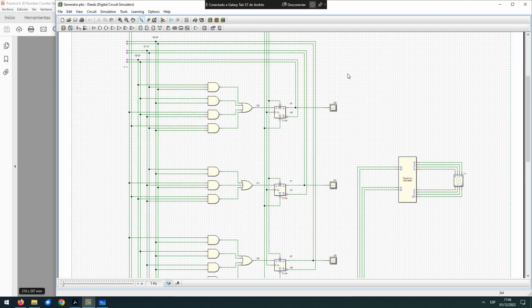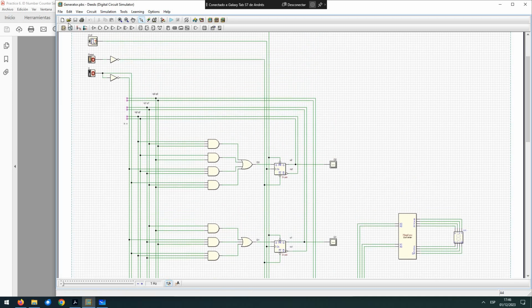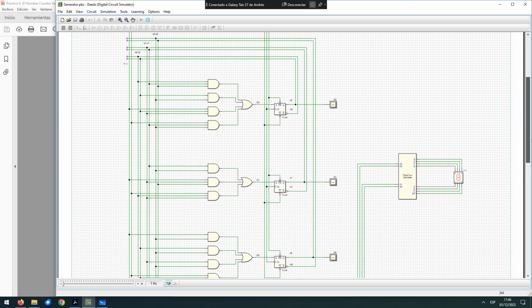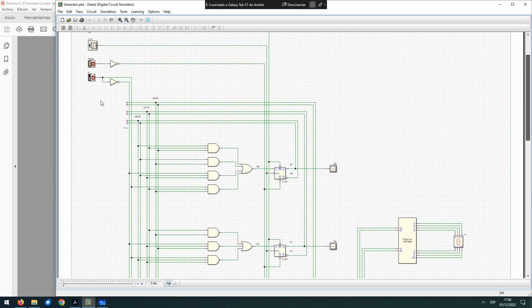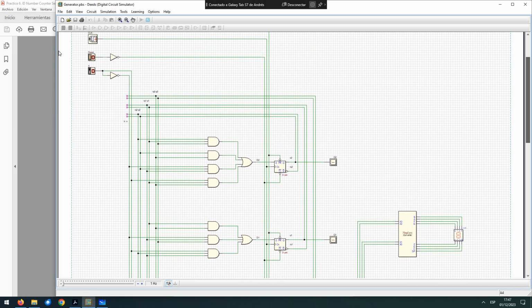So once you simulate your design, when you start simulating your design, it's not going to work, okay? Because you have to reset the system to make it work. You have the clock, but it's not working. When you press reset, you bring the bistable to the initial state and it starts working.